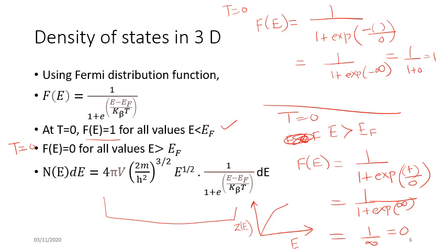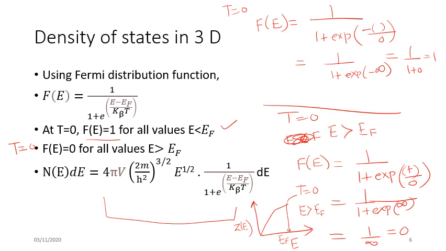But let's say this point is EF, the Fermi energy. It will go like this, but above that, because this part is E greater than EF, the function becomes 0. That's why this part is 0, which is attached here, and this makes the density of states 0. This graph is at T equal to 0.